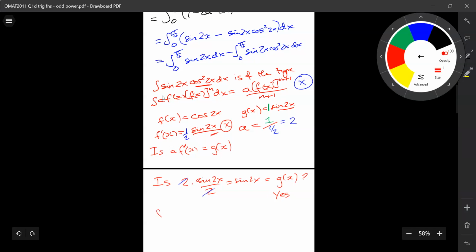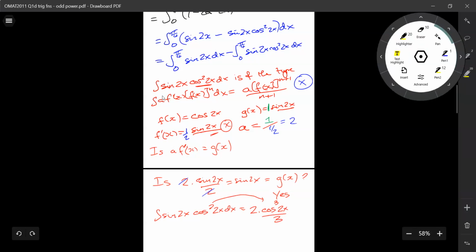So the integral of sine 2x cosine squared 2x dx is equal to, our a we said is 2. And what do we say? F at x is cosine 2x. The power was 2, so now we raise that to a 3, and we divide by the 3.